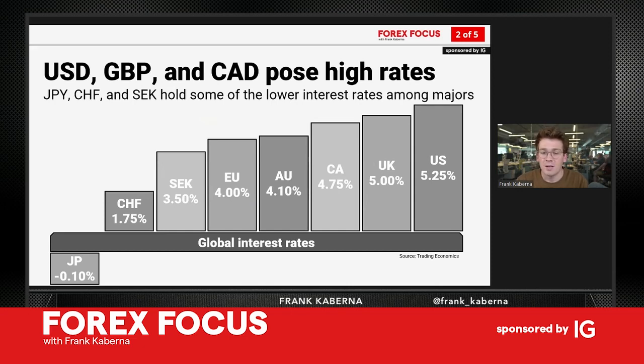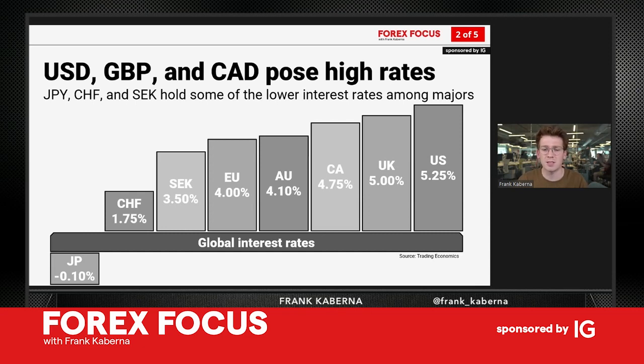Now, here is the current landscape for interest rates, from the US to the UK, all the way to Switzerland and Japan on the lower side. And you can see how you might want to pair these things up if you're trying to create positive carry. And of course, even if you're not trying to carry trade, you'd want to be aware of these.